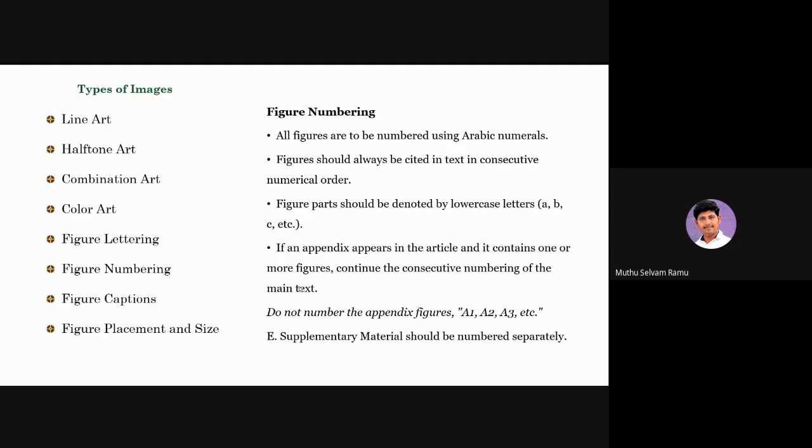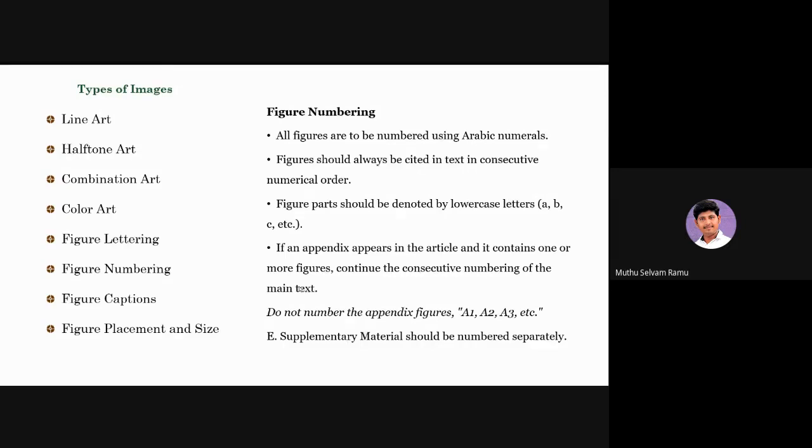In a quality journal, it should be in lowercase: a, b, c in lowercase, not in uppercase, not capital letters. It should be a small letter. And it should be Arabic numerals. It should not be Roman numerals like I, II. That kind of numerals should be avoided. It should be alphabets, in many cases.